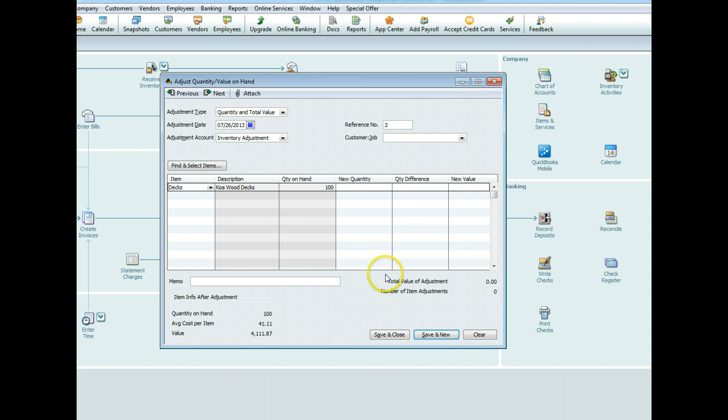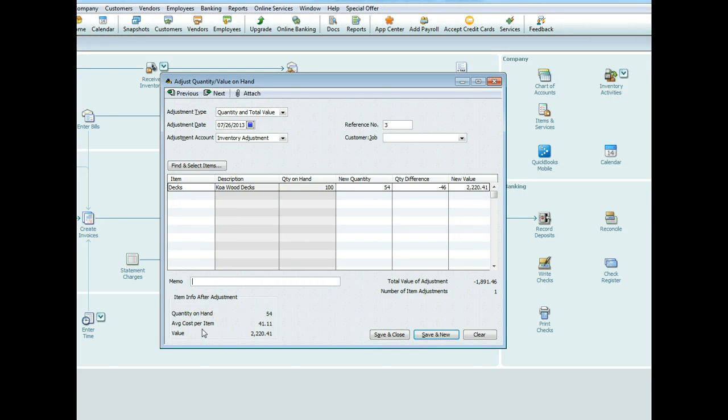That's going to be our new value, 4,111.87, because we're not changing the amount of money that we've spent for the wood. What we're changing is the fact that we only have 54, where we thought we'd have 100.